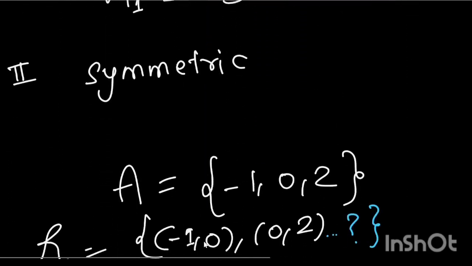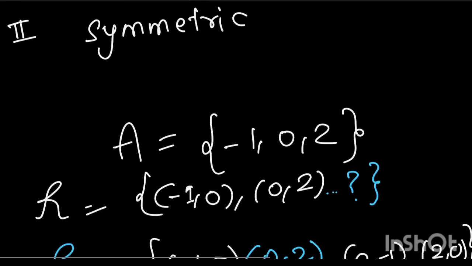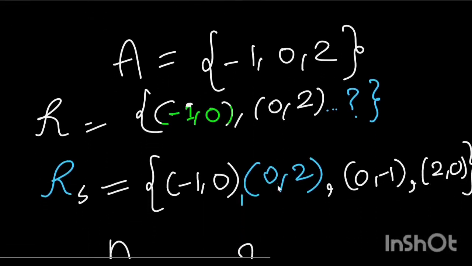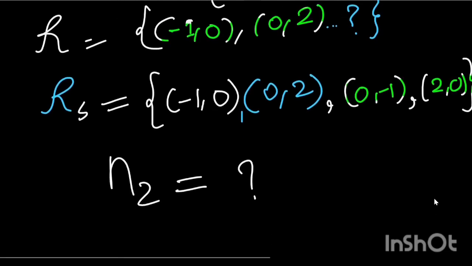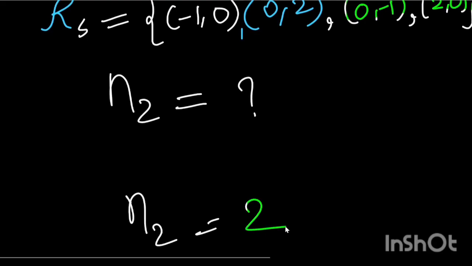Now for a symmetric relation, if minus 1, 0 is there, then BA should be there. It means 0 comma minus 1 should be there, which is not, so we need to add it. And for 0 comma 2, we need to add 2 comma 0. So N2 is 2, two elements are added.